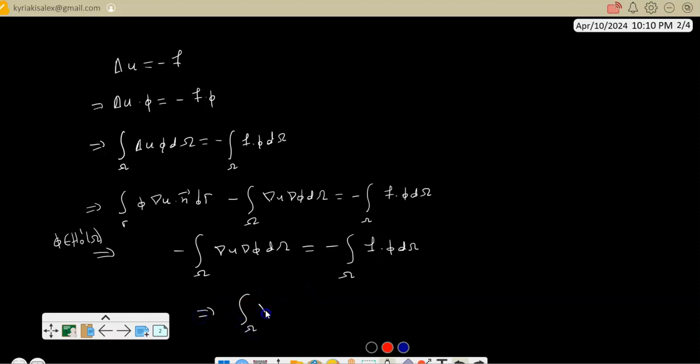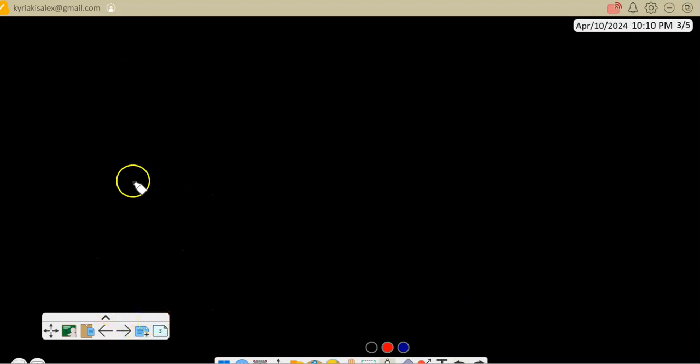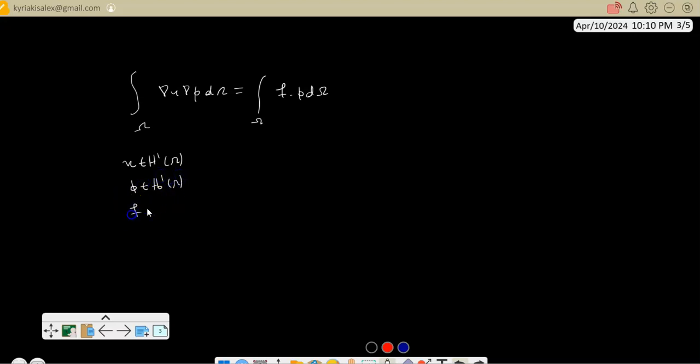The weak formulation is finally written in this form, where u is in H1, phi is in H01, and f is in L2.